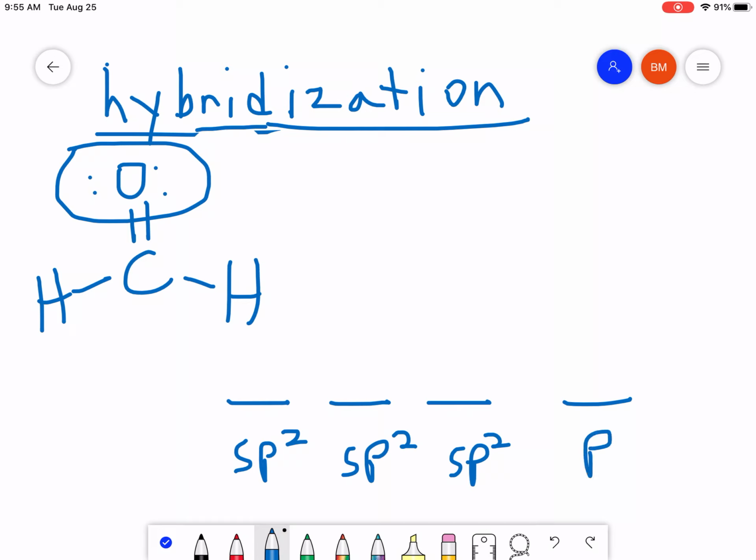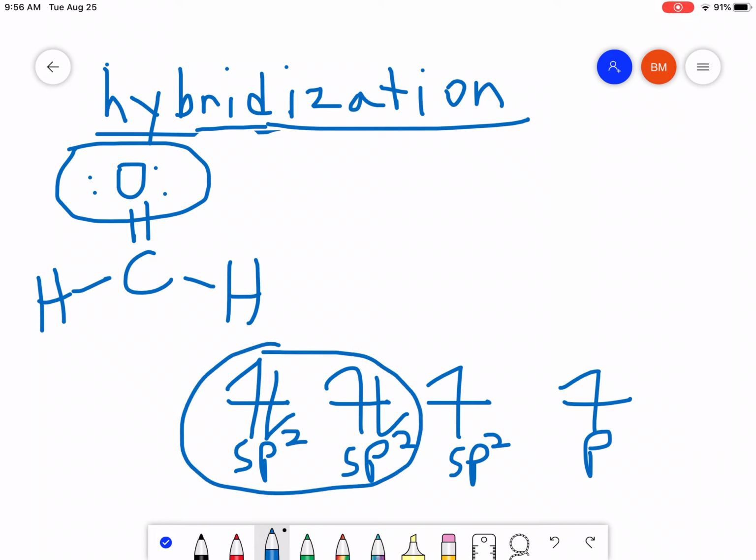So according to the periodic table, oxygen has 6 valence electrons, so let's fill them in. 1, 2, 3, 4, 5, 6. All right. These guys are going to be unshared pairs, so we have 2 of those, and as we can see in oxygen we have 2 unshared pairs. We have only 1 unpaired electron that's in a hybrid orbital.